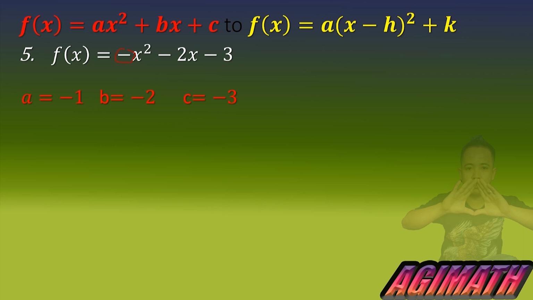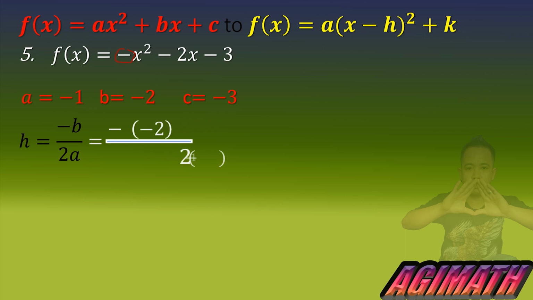Okay, they are all negative. H is equal to negative B over 2A. Just substitute and simplify. So you will have negative, and be careful because B is negative 2, so you write negative 2.